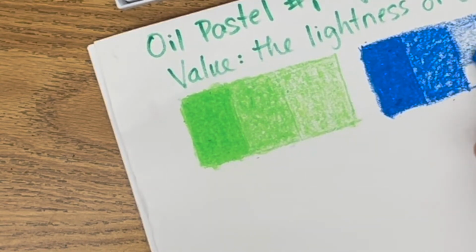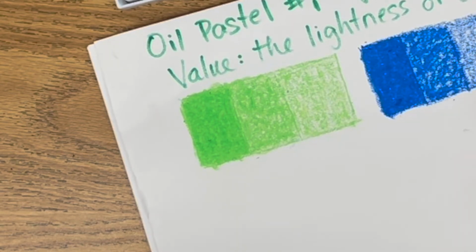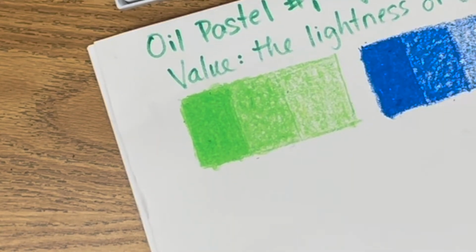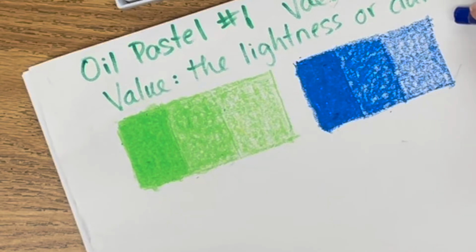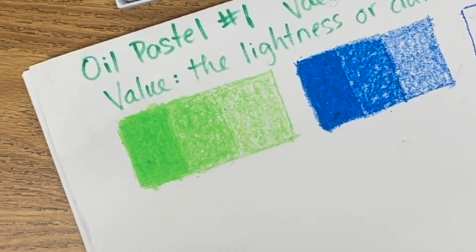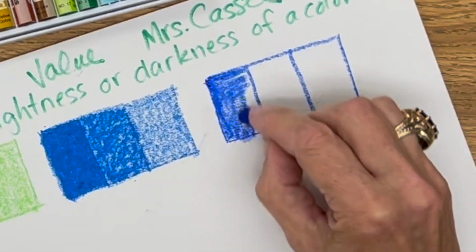I'm pressing very lightly. Now, on the colored pencil, we could go in and use the eraser to lighten it up, but with oil pastel, you can't do that. So you've got to be cautious. Start light, and you can always go darker, but you can't go dark and then lighten it up without adding white. Okay, and my third one, medium pressure.